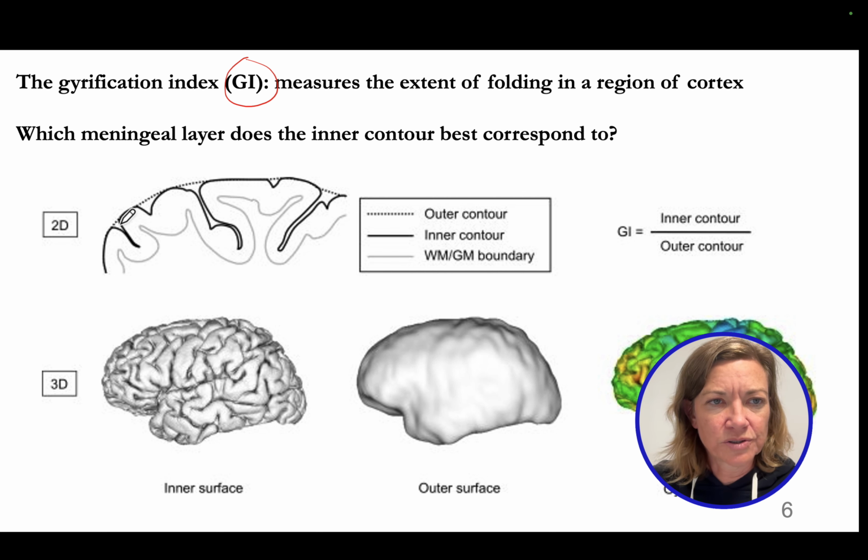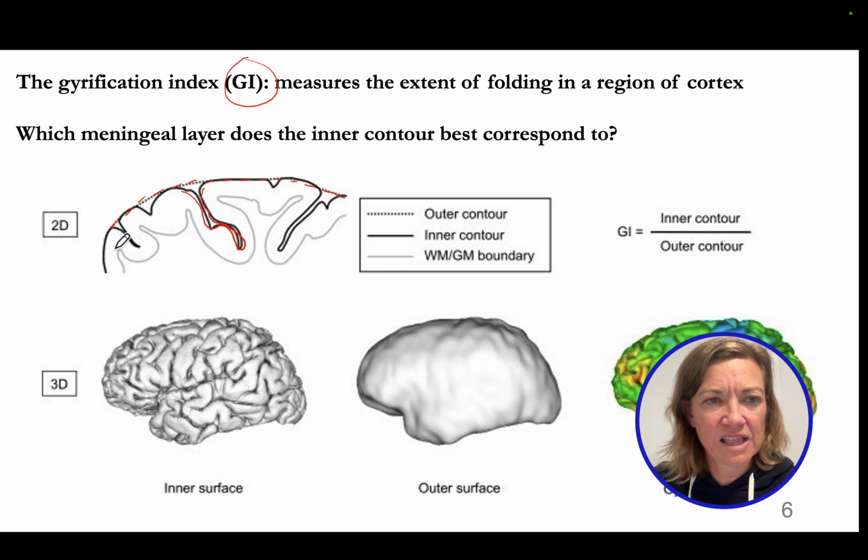So the outer contour is this dotted line, which skims over the surface of the hemisphere but doesn't dip into any sulci. And the inner contour, in contrast, is shown in black, diving deeply into every sulcus. And so if you place the ratio of inner contour over outer contour, of course you get the gyrification index.